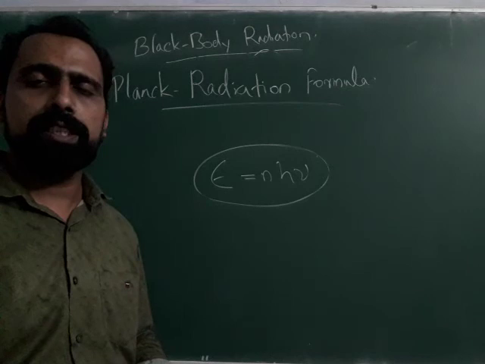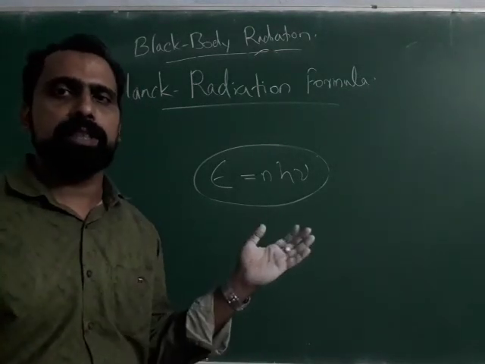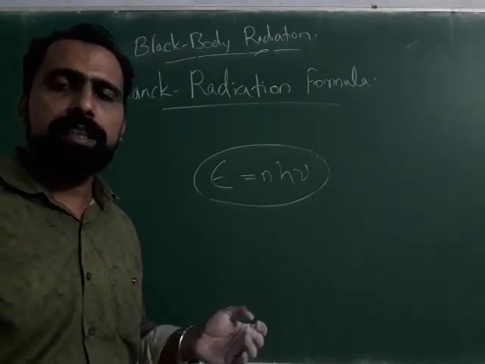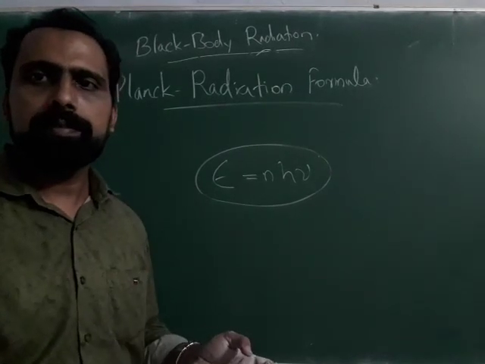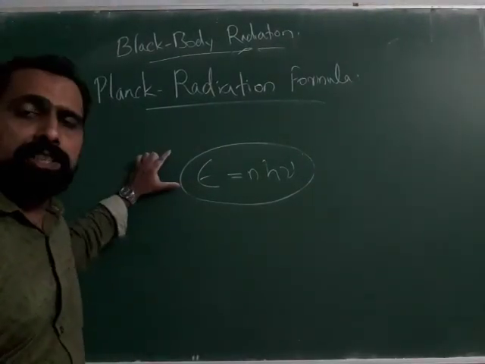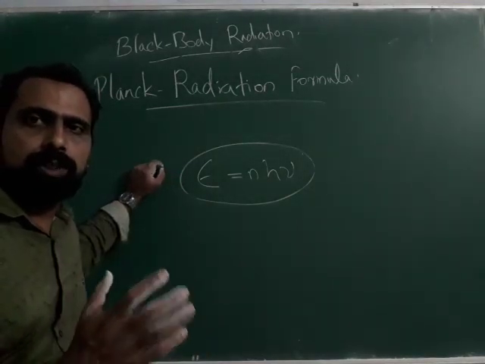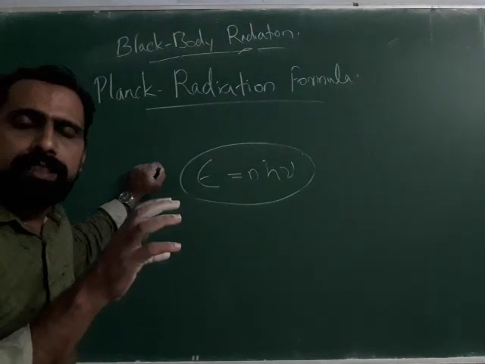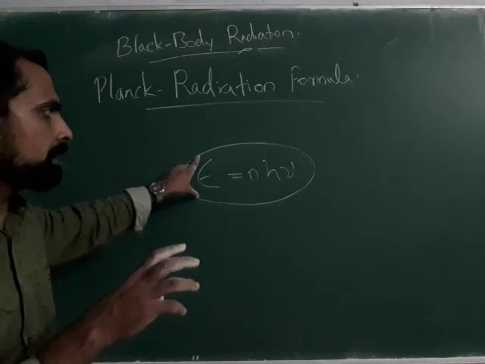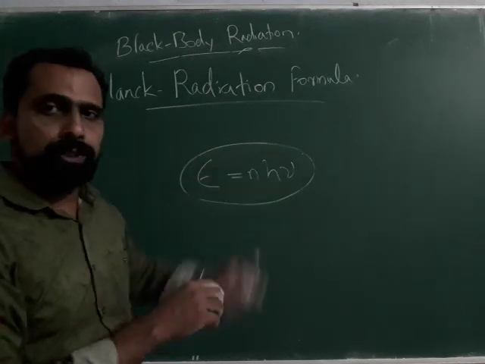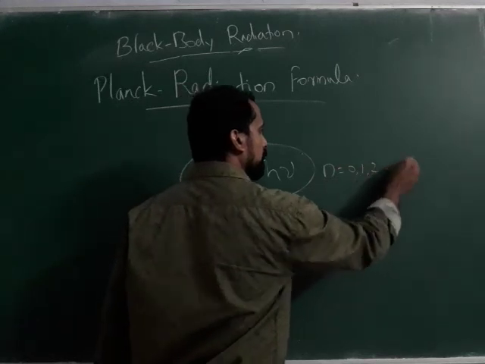So that made a huge difference between the Rayleigh and Planck formula. So instead of considering continuous energy, Planck said the oscillators in the cavity take certain energies, that is epsilon equal to n h nu, where n is equal to 0, 1, 2, etc.